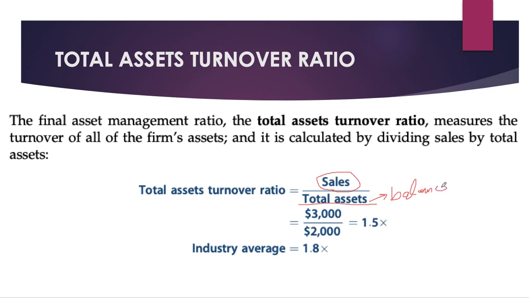If you just look at the balance sheet and income statement, these numbers are written there, and we just fill in the values. 3 billion divided by 2 billion gives us 1.5, and that shows us that the industry average is higher. So this corporation is utilizing its assets less efficiently compared to the industry average, because the higher this number, the more efficient the use of total assets.